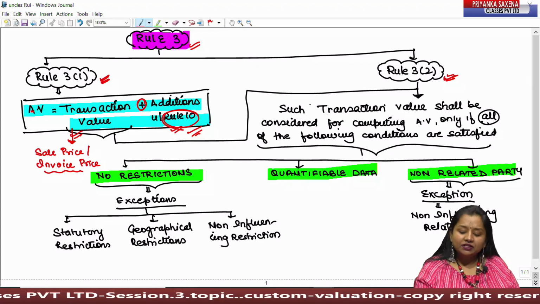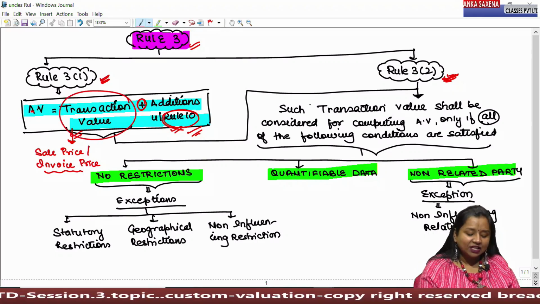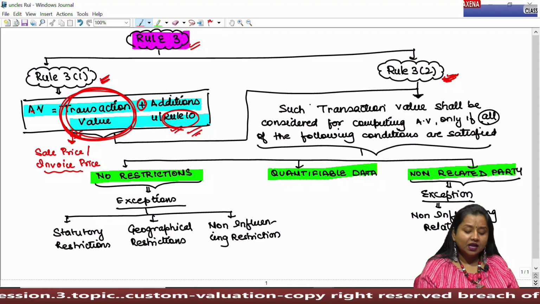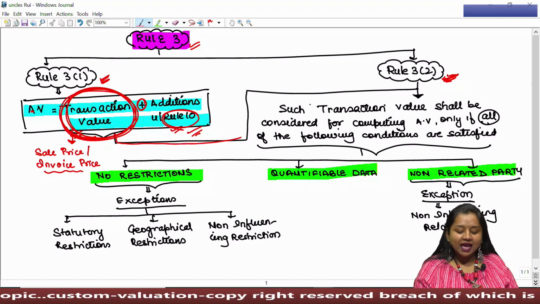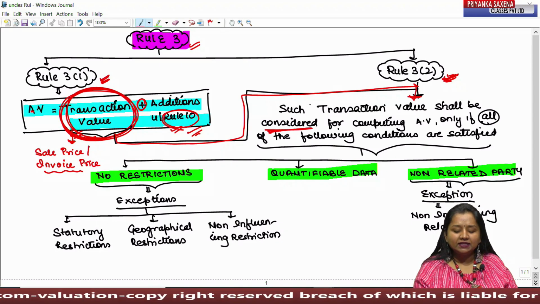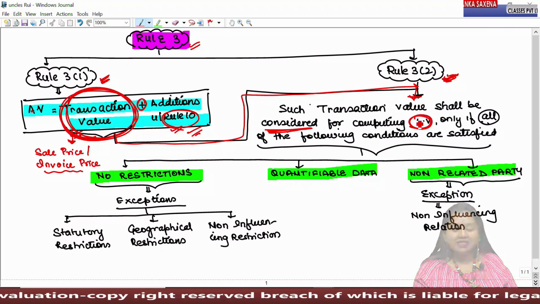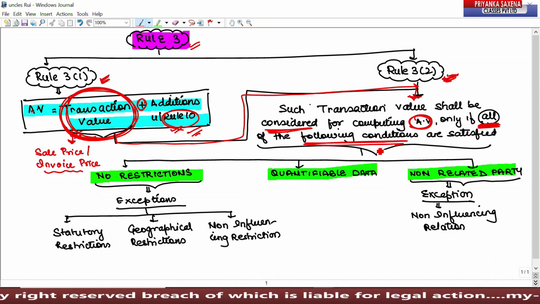Now Rule 3 sub-rule 2 states that this transaction value, this invoice price, this selling price shall be considered while computing the assessable value only if all of the following conditions are satisfied.